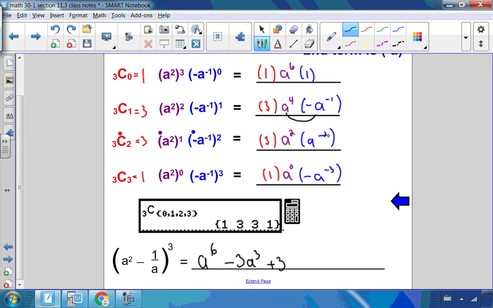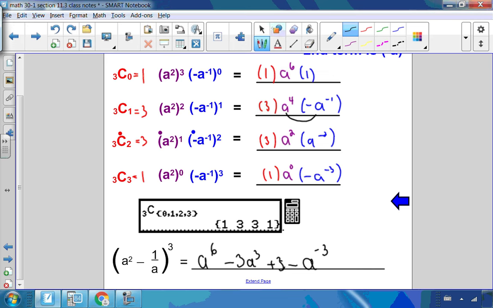A to the 0 is just 1, so I can leave it as just 3. There is no a value. Plus, no, minus, because it's a negative. And then I have 1 times negative 1 is negative 1. And then a to the 0 times a to the negative 3. 0 take away 3 is a to the negative 3.